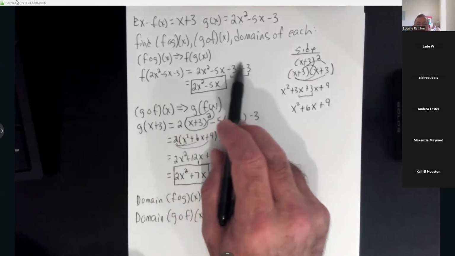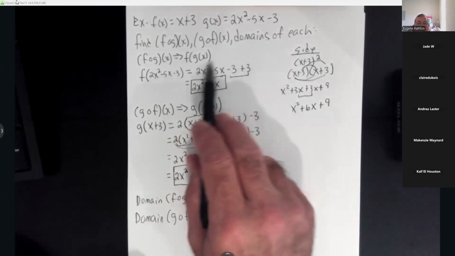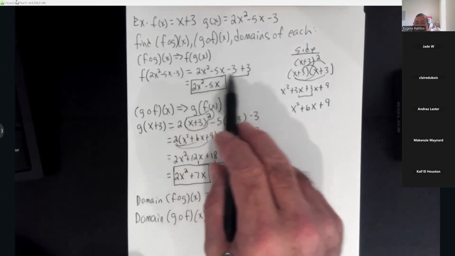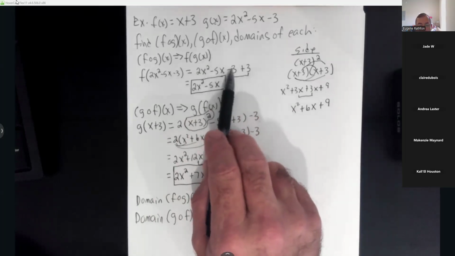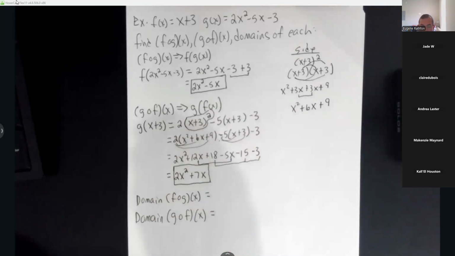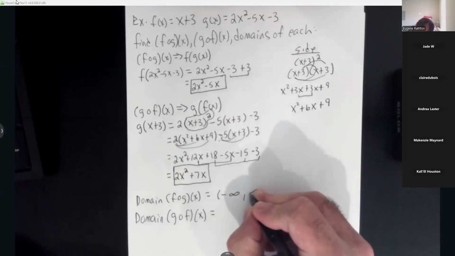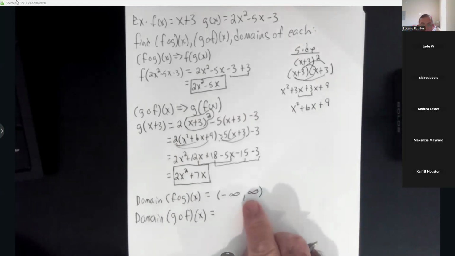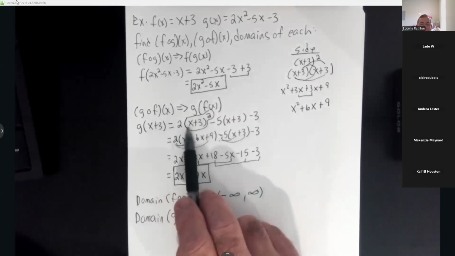And here's the function we were evaluating when we put everything in. I do not see any fractions here. So since there are no fractions here, the domain is all real numbers, which will go from negative infinity to positive infinity. And y'all, here was the g of f of x.